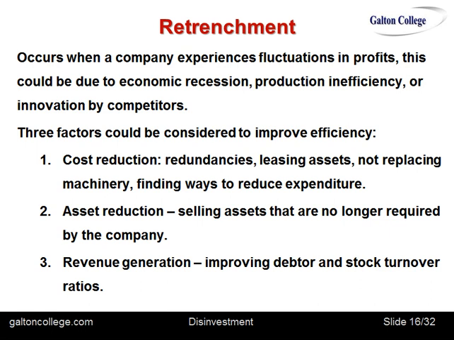And change the stock turnover ratios. Try to minimize on stock and find alternative sources of stock for raw materials or work in progress or semi-finished goods. Try to find alternative sources so that the company doesn't have to hold large amounts of stock. Money in stock is tied up. It's not doing anything else. It's sitting in stock. If it was sitting in the bank, it may be earning a rate of interest.